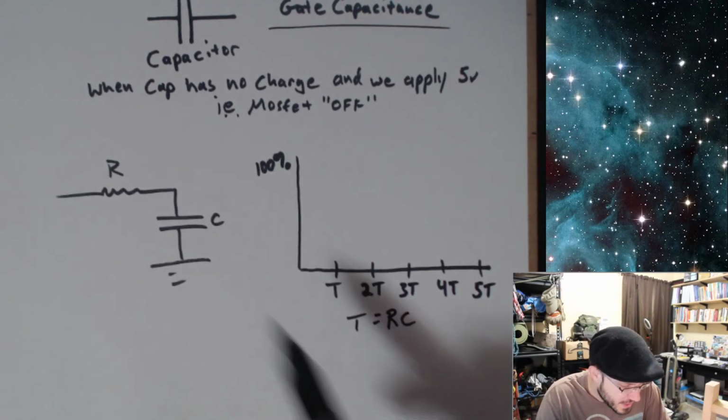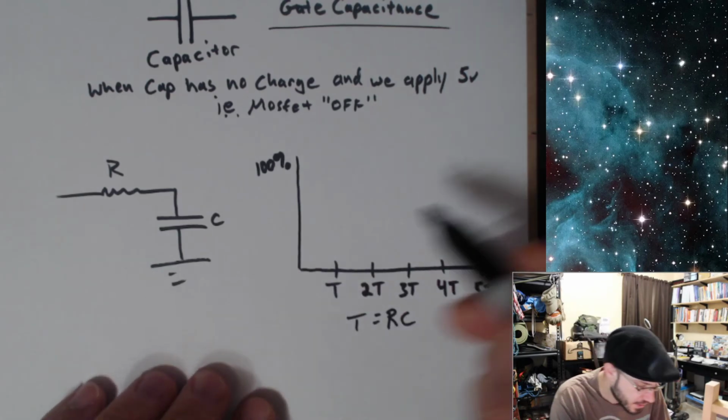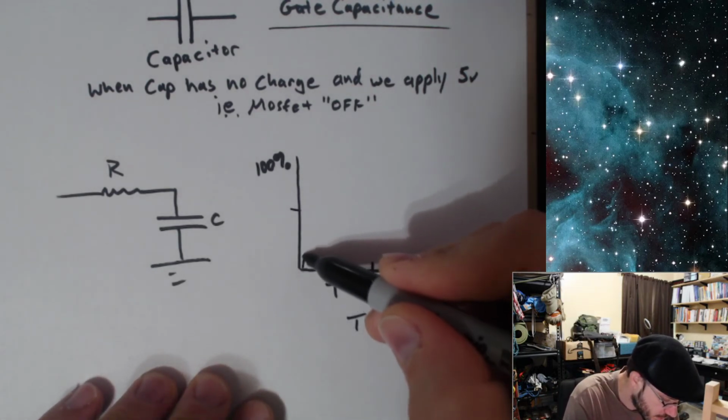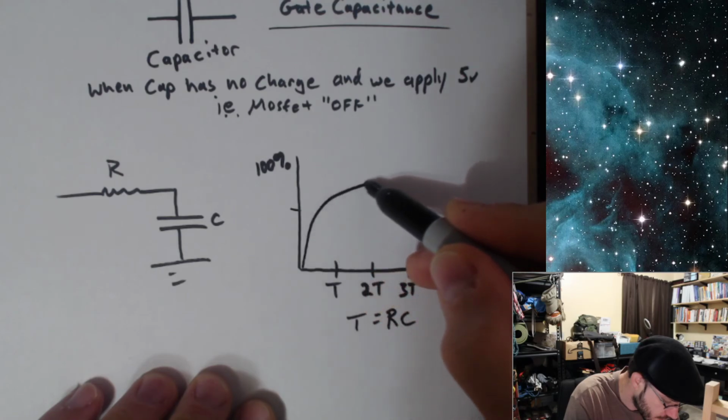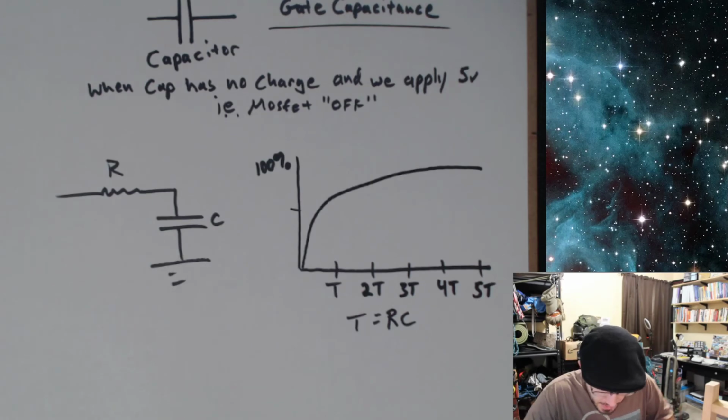Well, the voltage that develops across this capacitor, in other words VC, looks something like this.